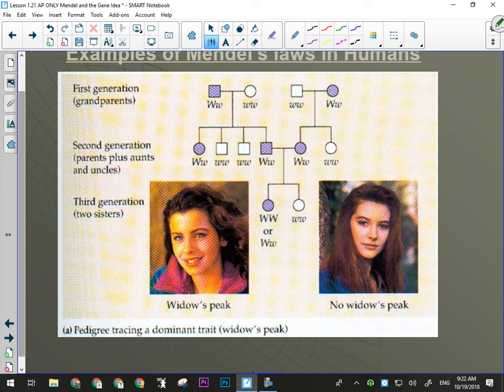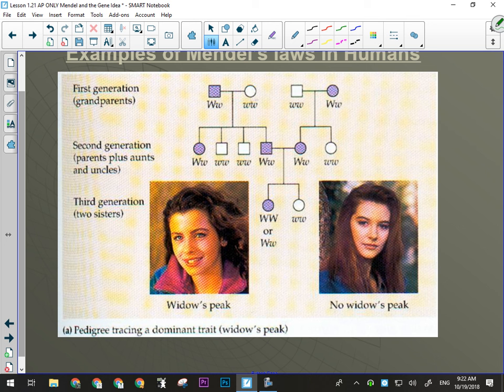Is that the ratio it should have come out as? No, but Mother Nature's a mad scientist. If we looked at 100 people, probably 75 of them would have widow's peaks and 25 of them would have straight hairlines. But that's a bigger sample size. This is a small sample size.